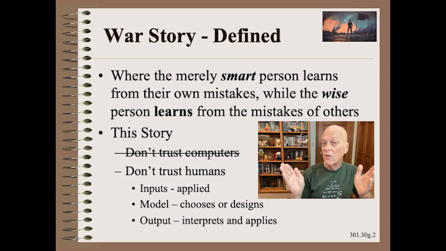However, that is overstated. Computers almost never make mistakes. It is the human that chooses or designs the model, applies the inputs, and finally interprets or applies the outputs. Ultimately, it is almost always operator error.